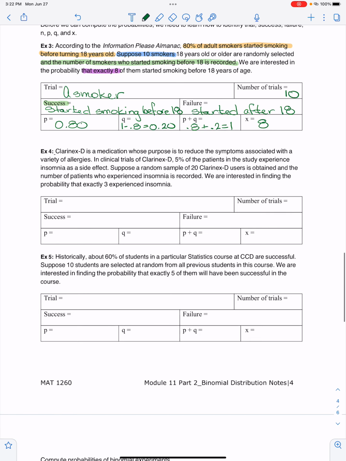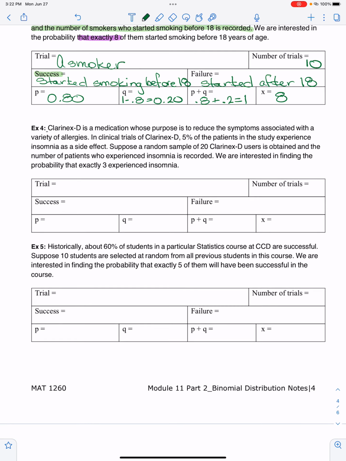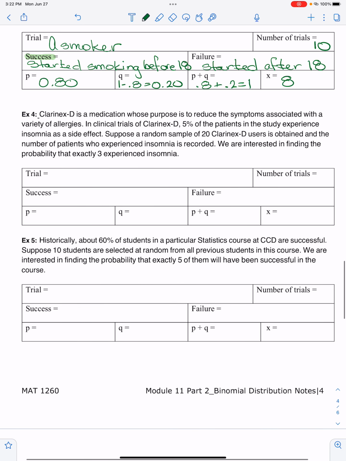Example 4, Clarinex D is a medication whose purpose is to reduce the symptoms associated with a variety of allergies. In clinical trials of Clarinex D, 5% of the patients in the study experience insomnia as a side effect. We've got a random sample of 20 Clarinex D users. So see if I can get same colors.